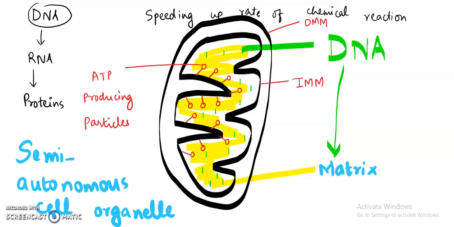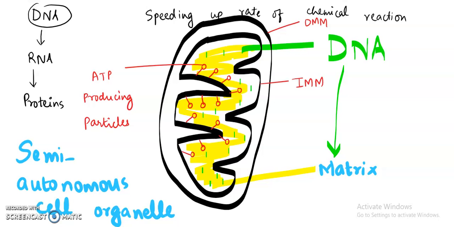The students who are preparing for Olympiad, this concept should be thoroughly understood by them, that DNA helps in the production of RNA, RNA helps in the production of proteins, some proteins may function as enzymes, and these enzymes participate in the ATP production. So we know that mitochondria is known as the powerhouse of the cell, as powerhouse produces the energy in the form of electricity which we use at our home.